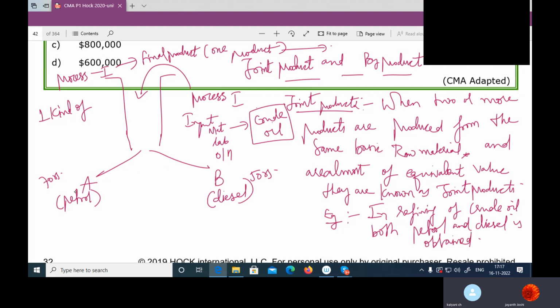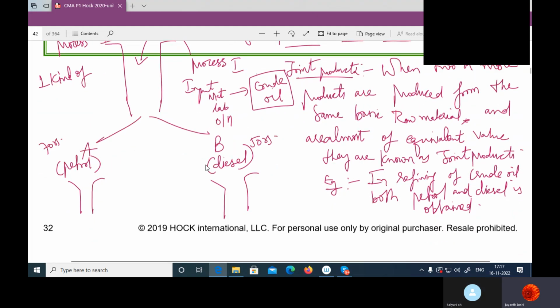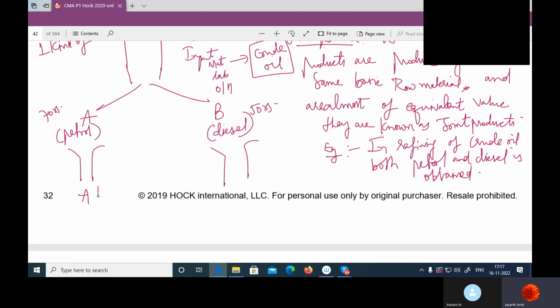Now if you want, you can further process this. If you further process it, you can get any other product like A plus, and for this also you want material. This particular petrol will be the material here, correct?